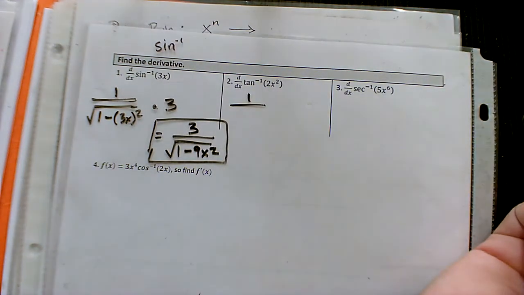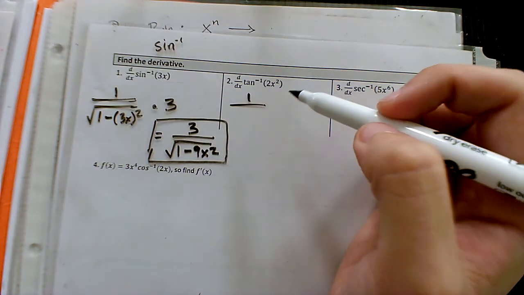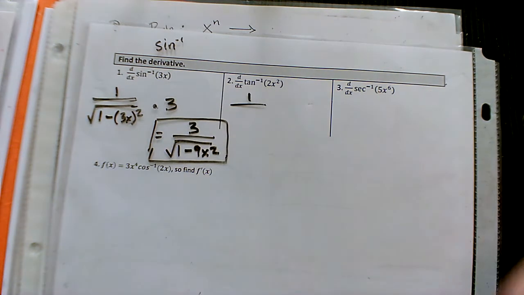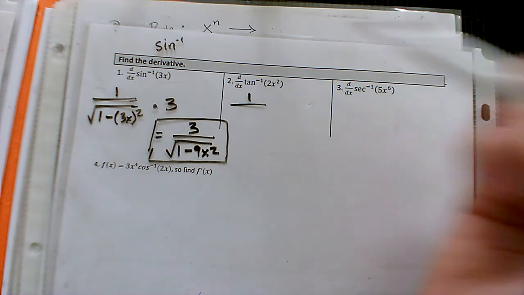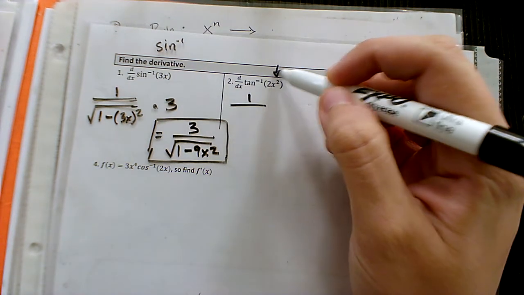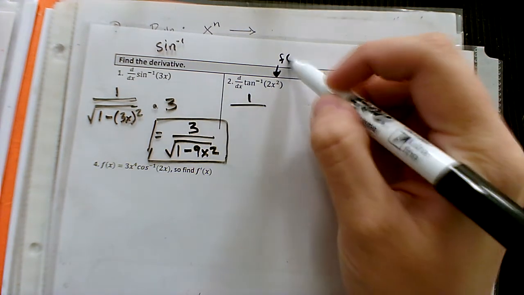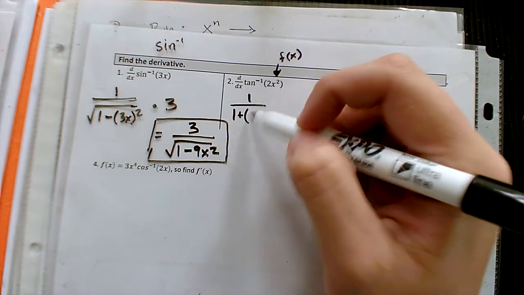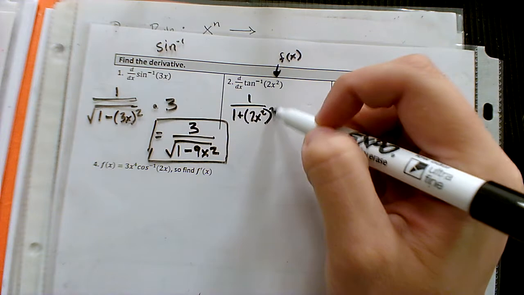1 over 1 plus the inside, which is something other than x, 2x squared, and we're going to square that.